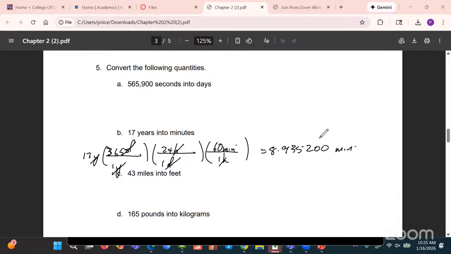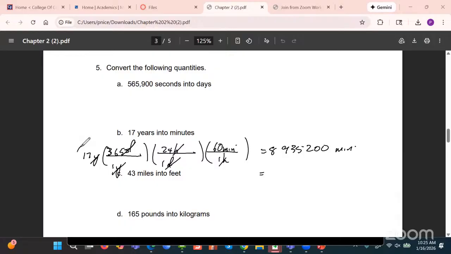Is that the final answer? No, you have to round it, right? So to what extent do we round this number here? Oh, sorry, by the way, I made a mistake. This should not be a decimal point here. Okay, so what would be the final answer when you round off appropriately?